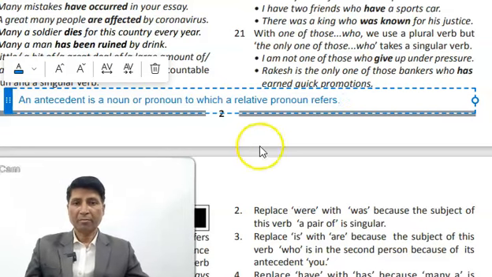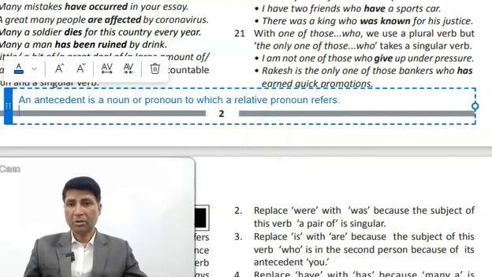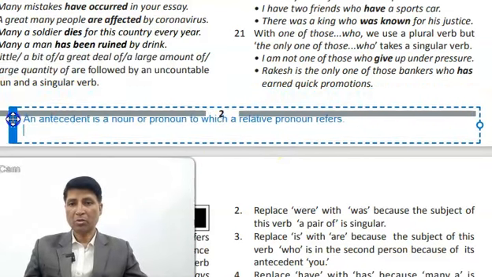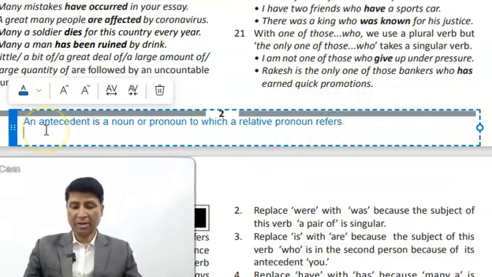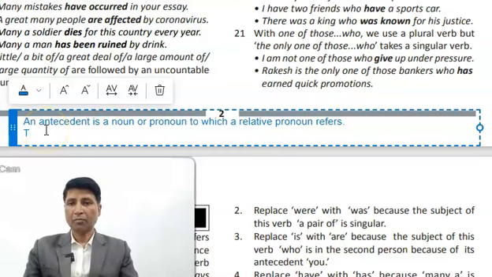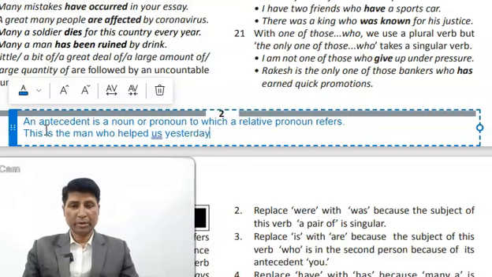What does it mean? Let me explain it with an example over here. If I say, this is the man who helped us yesterday. Let us consider this example.